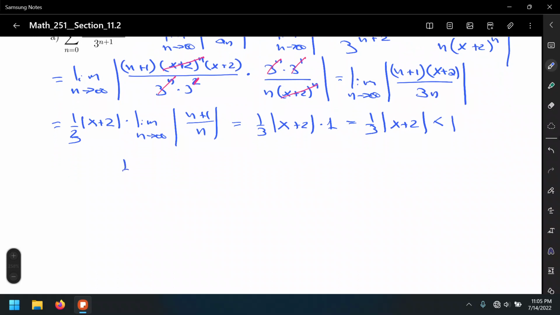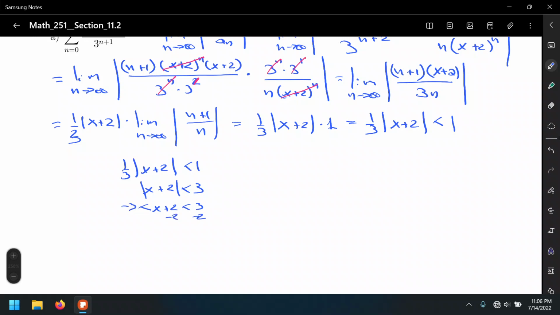So that's 1/3 absolute value of x plus 2 less than 1. Okay, let's multiply both sides by 3. That's absolute value of x plus 2 less than 3. Let's break this inequality into 3 pieces: x plus 2 less than 3, but also greater than -3.